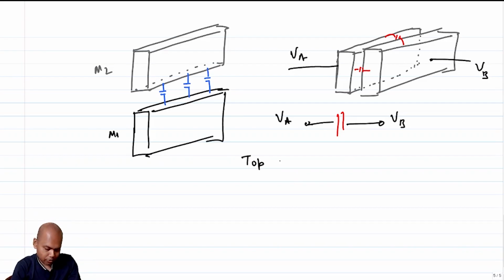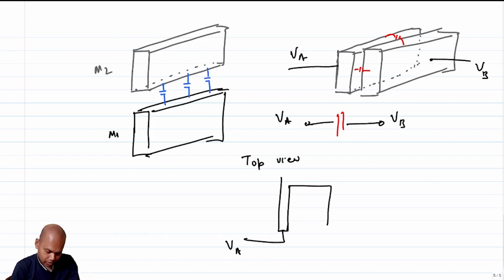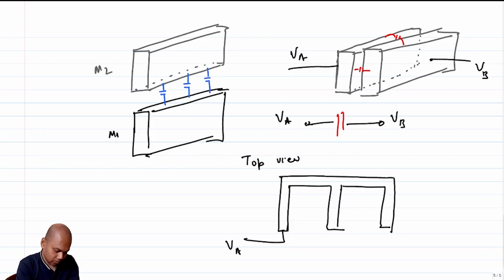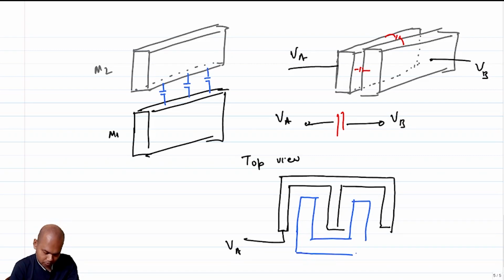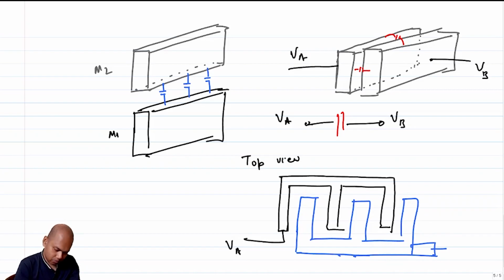Something like an inductor, so let's say this is VA, this is a thick metal line, and maybe this is VB.